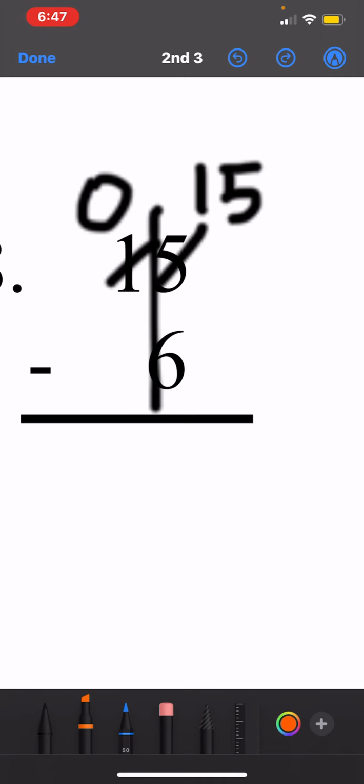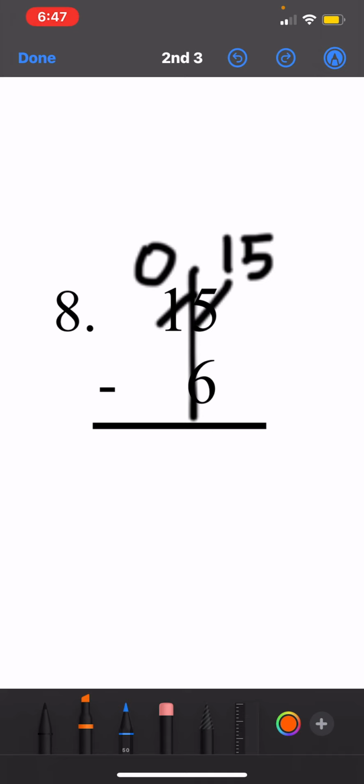And 15, your ninth finger. So look at how many fingers you have lifted up. There's 9 fingers lifted up. So that tells us that the answer 15 minus 6 equals 9.